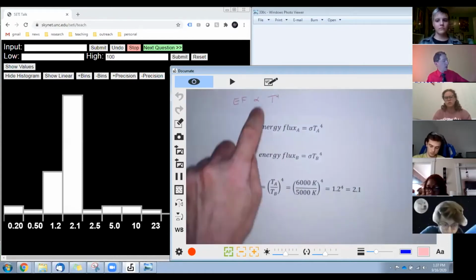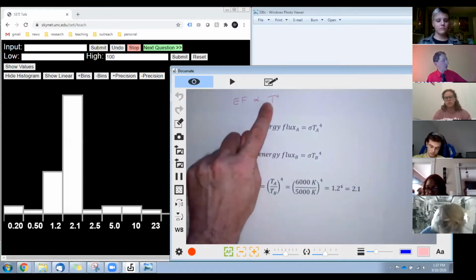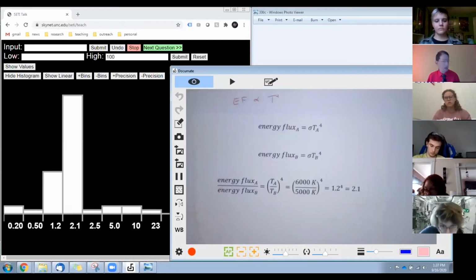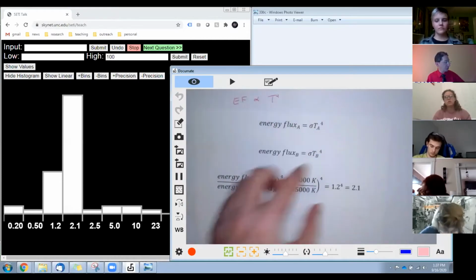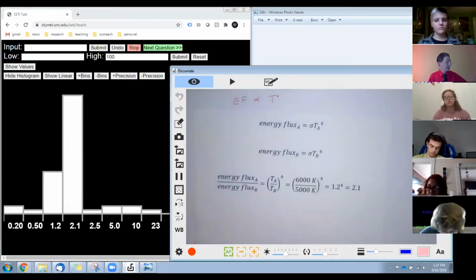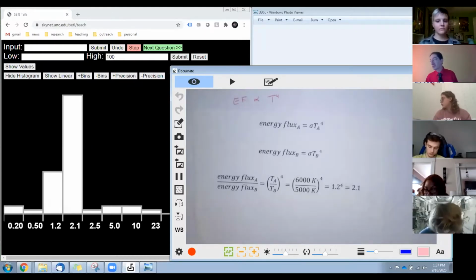So I'm making it 1.2 times as hot, so it's going to be 1.2 to the 4. You don't have to go through all these steps and cross out the constant. You should be able to just look at the equation, and you may need a calculator to do the exponentiation, but it should be pretty quick and easy. So these make for great exam problems. Hint, hint.